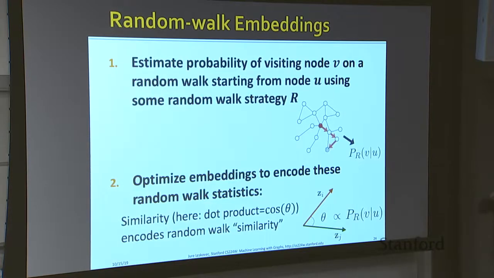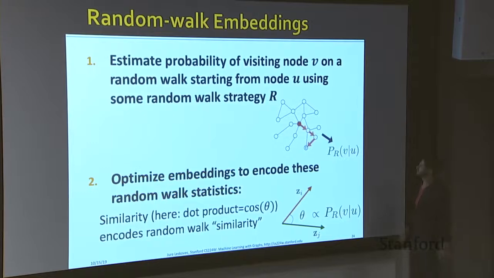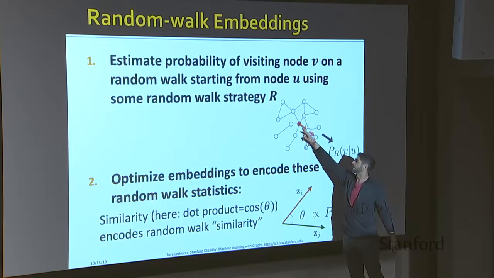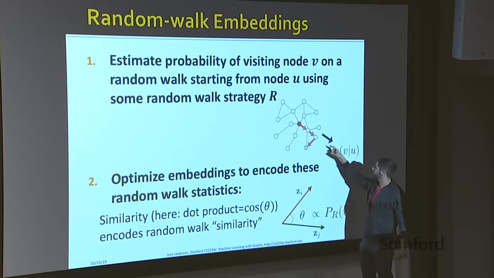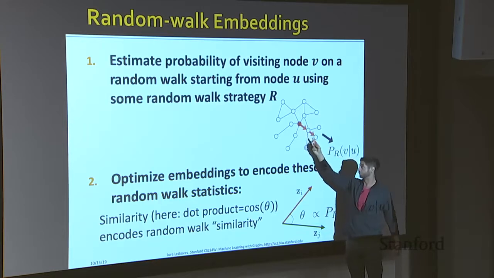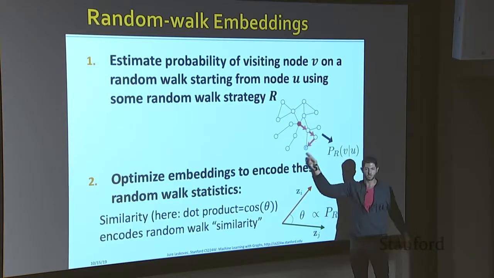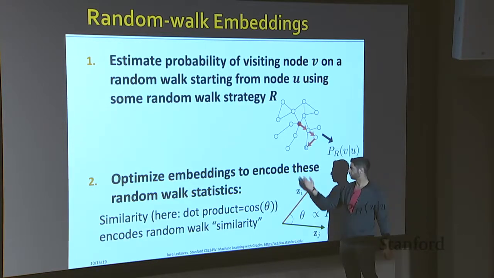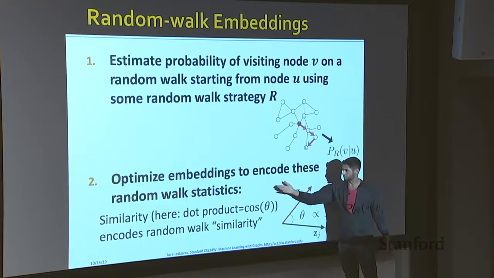Here is a more visual example. Once again, starting from node U, when we say that they have to co-occur in the same random walk, keep in mind that it doesn't mean that after U, the first step should be directly B. They just have to be part of the same path that the random walk has gone through. Once we set this initial probability estimation, we want to optimize our embeddings to encode these random walk statistics.